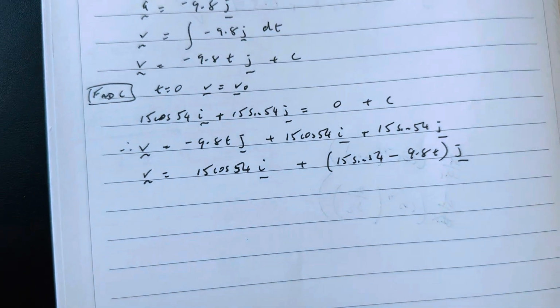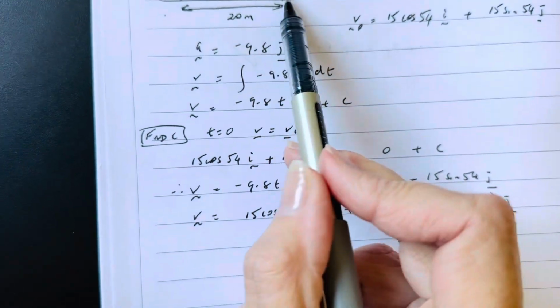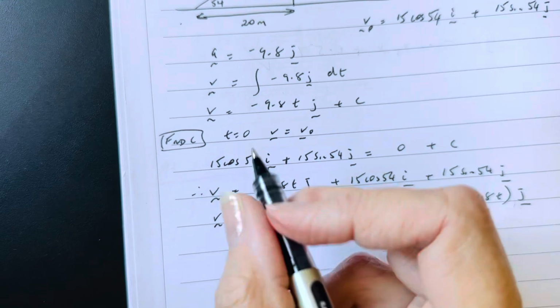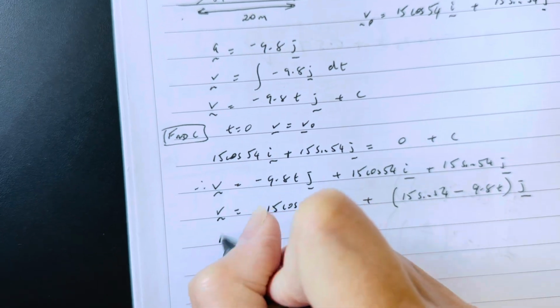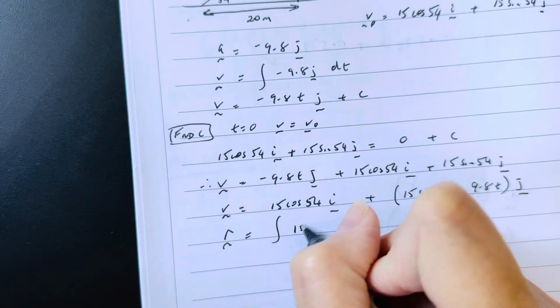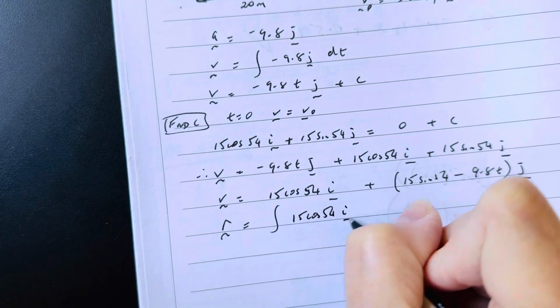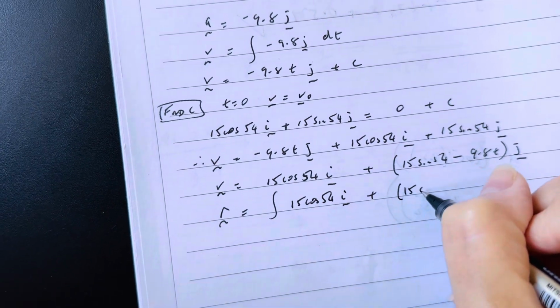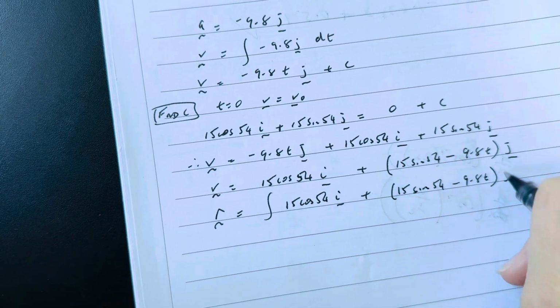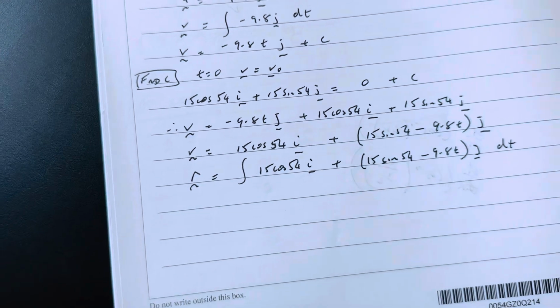I'm then going to find my position, because it's all about position, isn't it? 20 meters out, how high, where it is. So we want to find our r, which is the integral of 15 cos 54 i plus (15 sine 54 minus 9.8t) j dt.